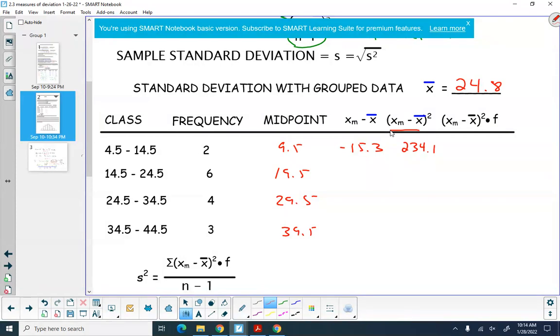Once again, we're going to work across our table, then down our table. So we multiply this by 2. Multiplying by the frequency, we get 468.2. So go ahead and do the rest of our values there: the midpoint minus our mean, then you square it, then you multiply by the frequency.